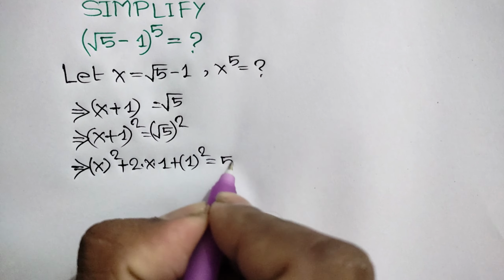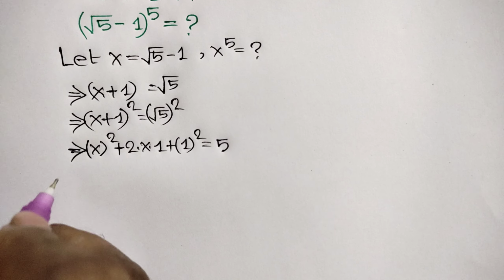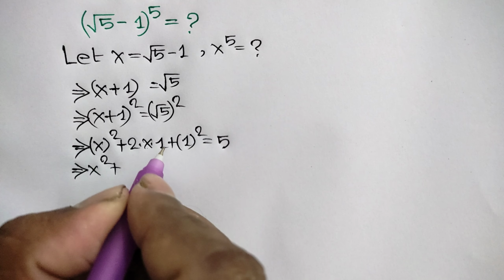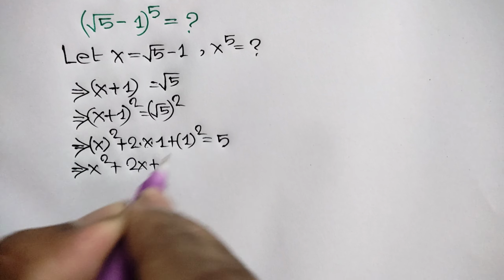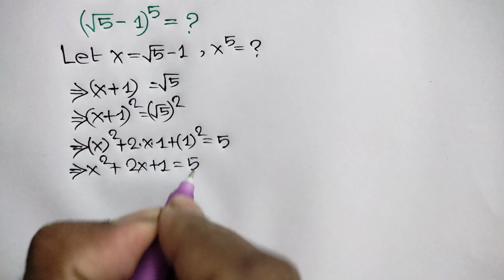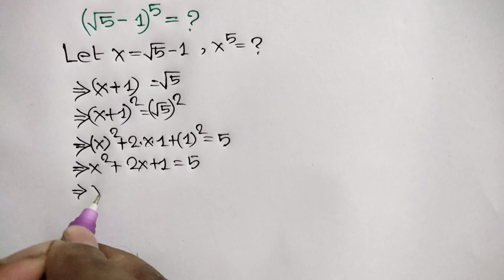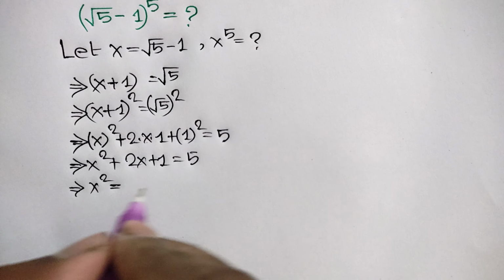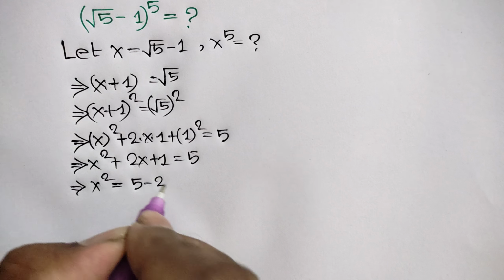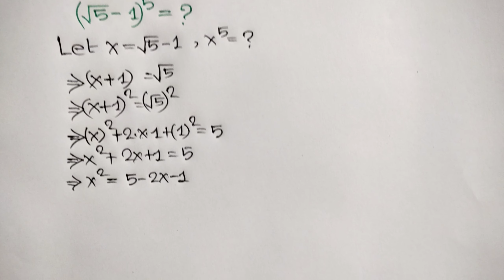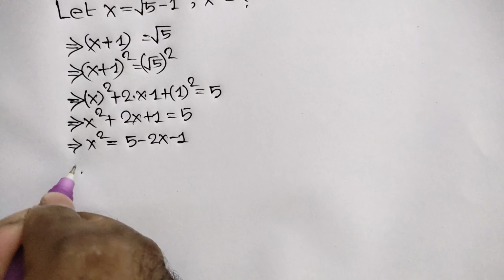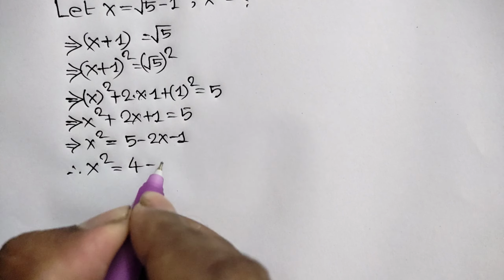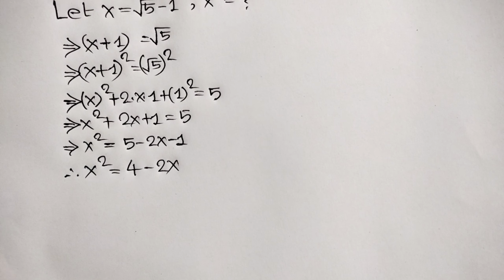So x^2 + 2x + 1 = 5. Now taking 2x and 1 to the right side, x^2 = 5 − 2x − 1, so x^2 = 4 − 2x.